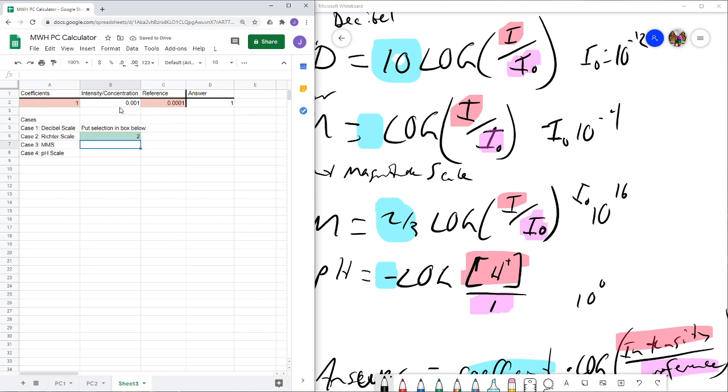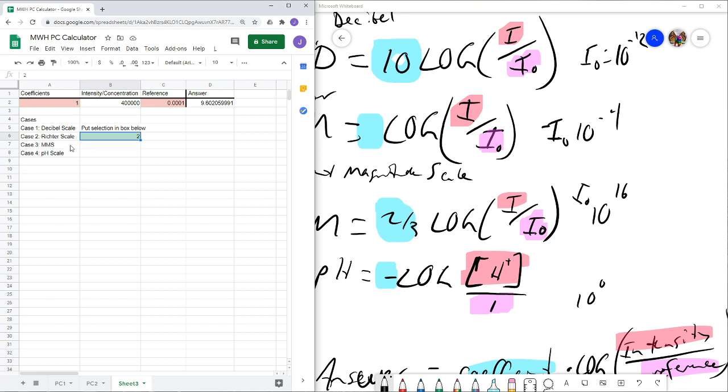So if we measure the intensity of 0.001, our magnitude is a 1.0. That's almost laughable. We could change this around. Make this, how about 4 times 10 to the 5th? There we go. That would be a 9.6 on a Richter scale.